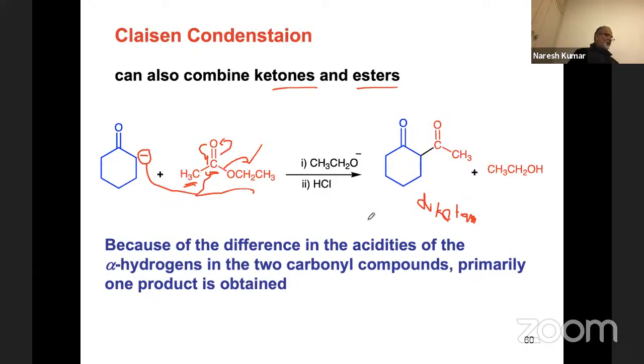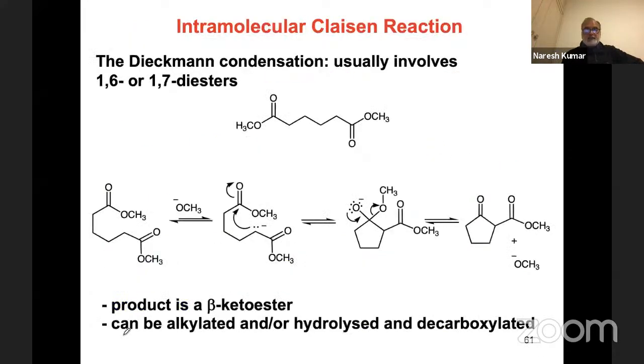Okay, I think we are nearly coming to the last topic now. This reaction again can be carried out when the two esters are present in the same molecule. So this is an example of two esters being present in the same molecule. And typically this reaction works when the relationship between the two esters is 1,6 or 1,7. What do we mean by 1,6, 1,7?